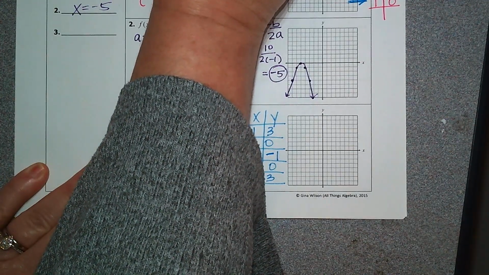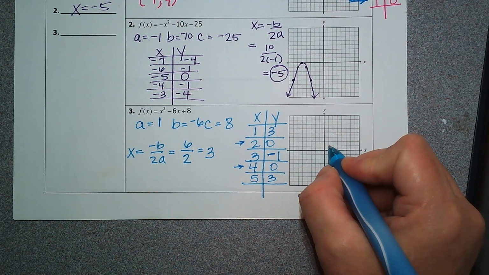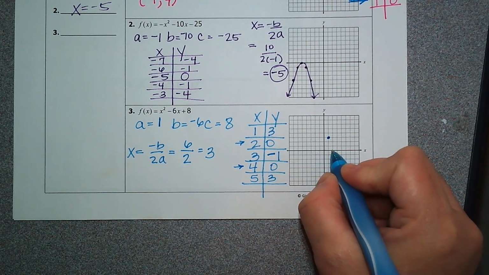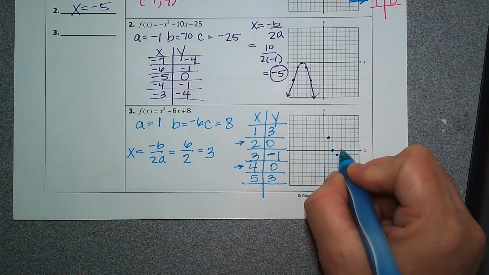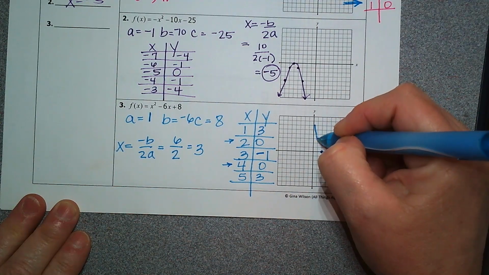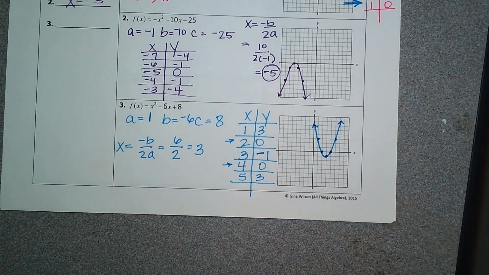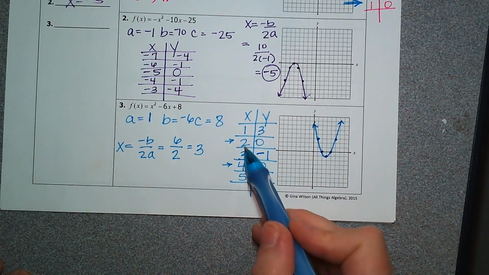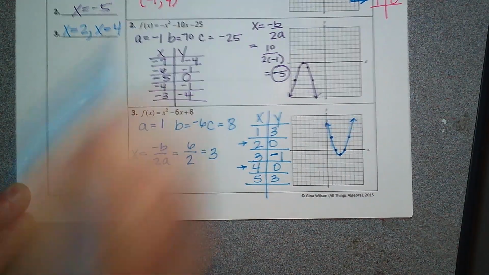Wherever y is equal to 0, that's where your x-intercepts are. So let's plot these points and see what our parabola looks like. What are my solutions? X equals 2 and x equals 4.